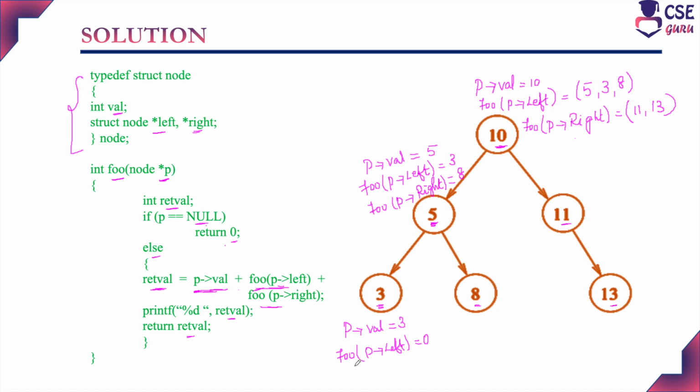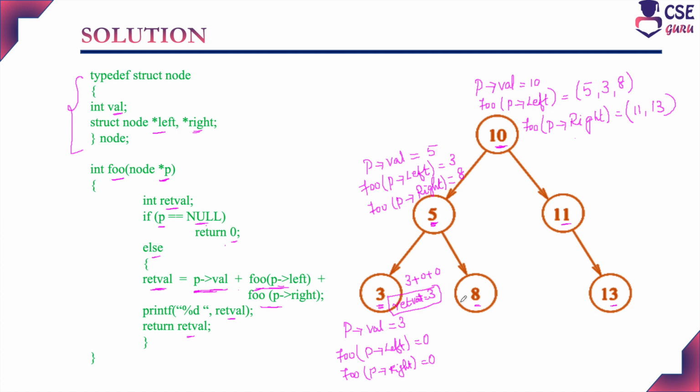So if we implement the foo function for the right node, it will hit the condition p is equal to null and return 0. So foo of p of right is 0. And the return value for this node is 3 plus 0 plus 0, so we will get the return value 3 for this node.